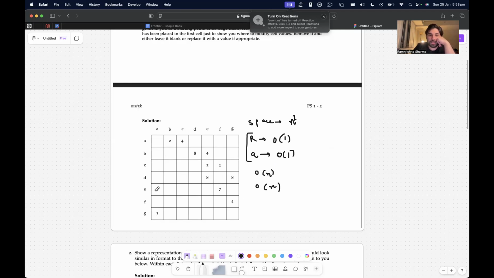For instance, if I wanted to judge how many neighbors E has, or what E is connected to, the outgoing connections, I would just go to row E and ask where there is a connection. There's a connection here, A. There's a connection here, F. So in fact, I'm doing a linear scan. In the worst case, I have to look at n elements. So that's essentially the idea.